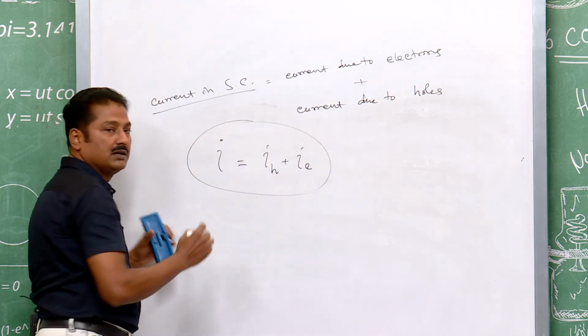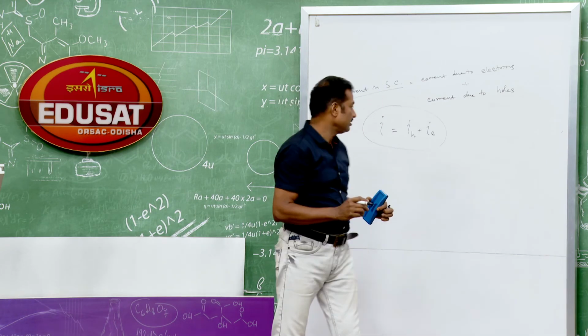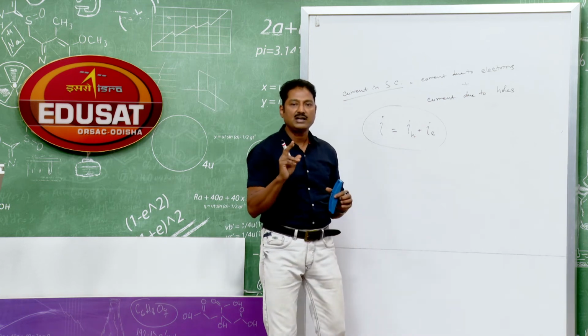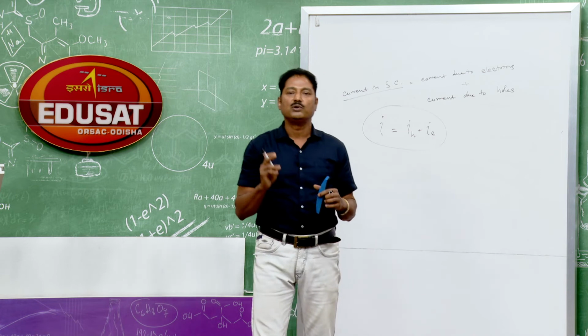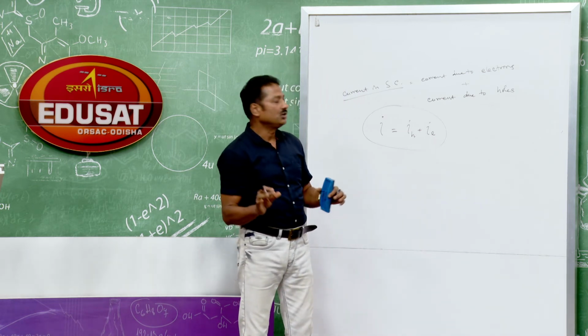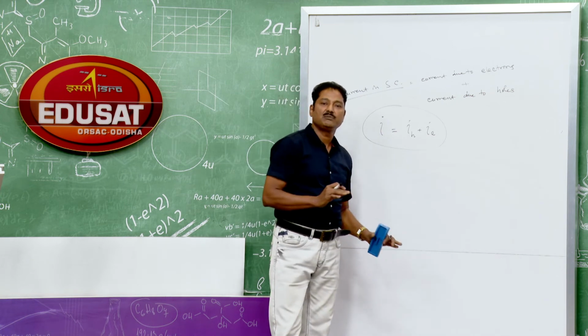This is the situation for a semiconductor. So, we have two types of currents in semiconductor. Instead of one type of current, that is electronic current, we have electronic current as well as hole current, and the sum of the two currents will constitute the current in semiconductor.